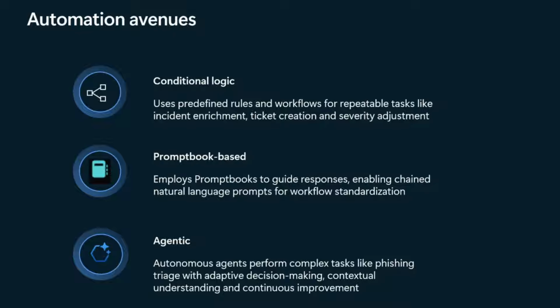And of course, we have the agentic automation, which is where we leverage that intelligence and autonomy to tackle complex tasks, such as phishing is a common one, taking advantage of these new capabilities of the agent being able to reason dynamically, understand, and improve continuously.